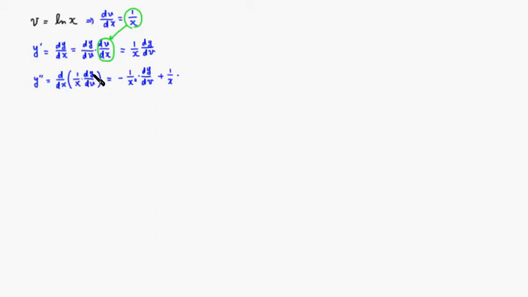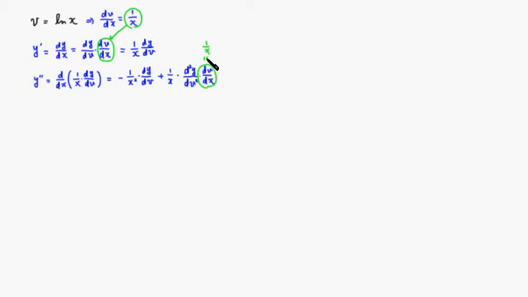First, we take the derivative of dy over dv with respect to v, so it's going to be the second derivative of y with respect to v. Then you multiply by dv over dx because of the chain rule. Again, we have the same quantity, 1 over x.